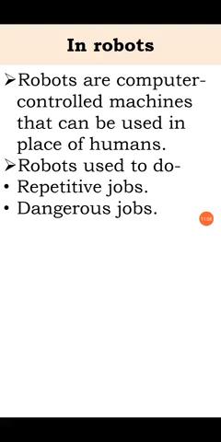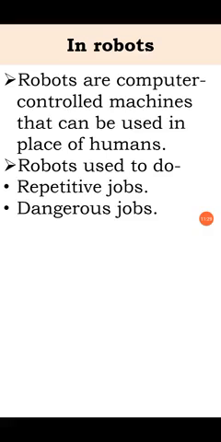See, robots are nothing but computers. It's a kind of machine. They can be used to do repetitive jobs. As humans, doing repeated jobs, we feel bored and tired, so for that purpose they use robots.